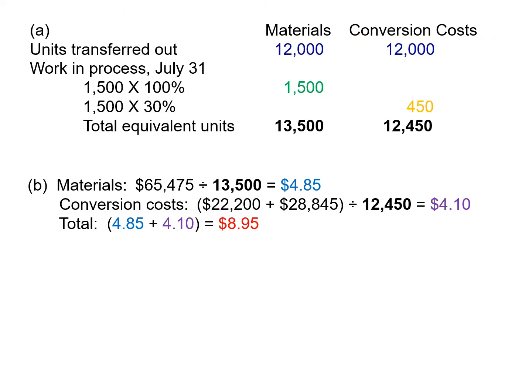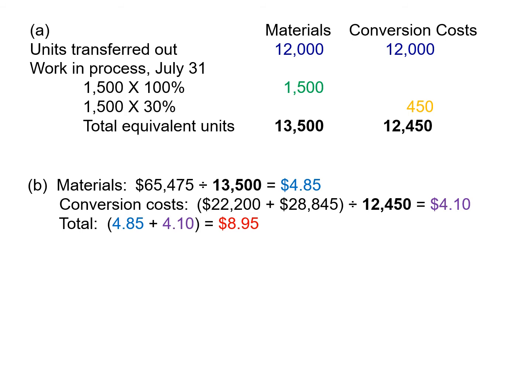We completed Part A in the previous learning module, and we determined that total equivalent units for materials was 13,500, and our equivalent units for conversion cost was 12,450. The next thing we need to do is determine our unit cost. If we take our total materials cost of $65,475 and divide by our equivalent units for materials, we will arrive at a unit cost of $4.85 for materials.